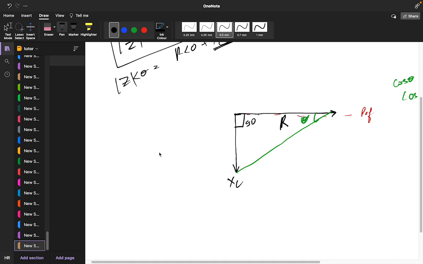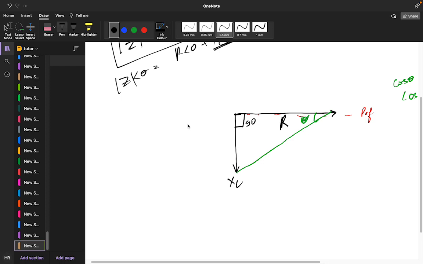Priyanka, is it clear? Vaishnavi, just say. Clear, sir. Okay. Yes. So you understood that you have to assume theta where the resistor part is coming in your vector.